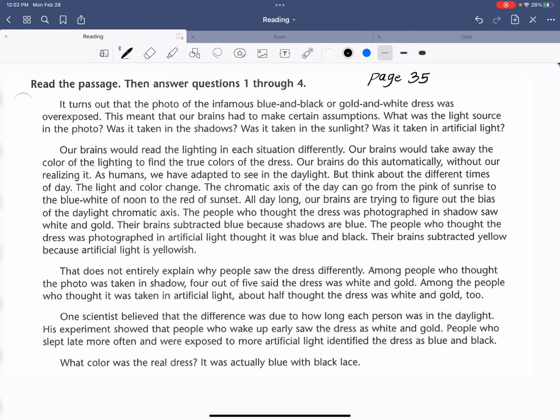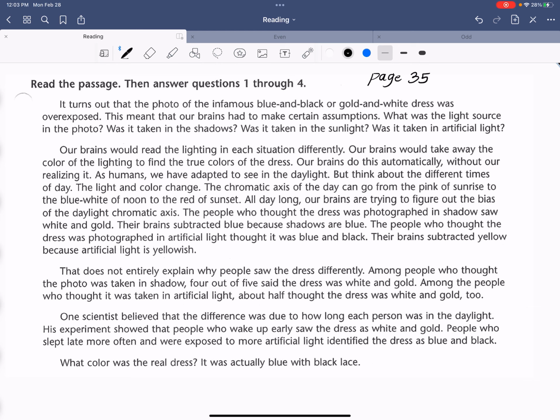The people who thought the dress was photographed in shadow saw white and gold. Their brains subtracted blue because shadows are blue. The people who thought the dress was photographed in artificial light thought it was blue and black. Their brains subtracted yellow because artificial light is yellowish.